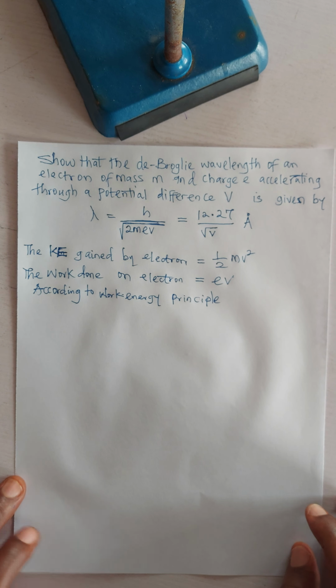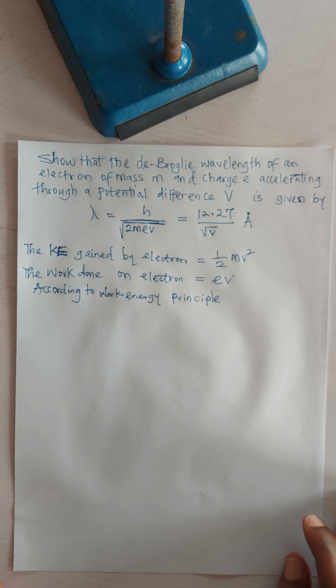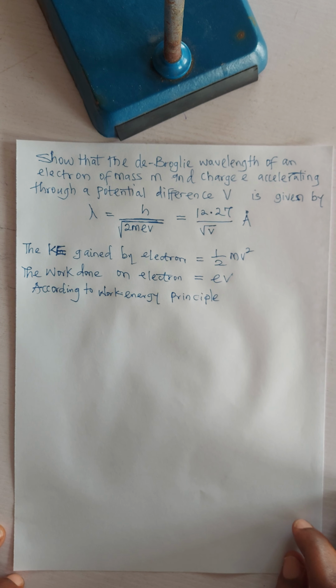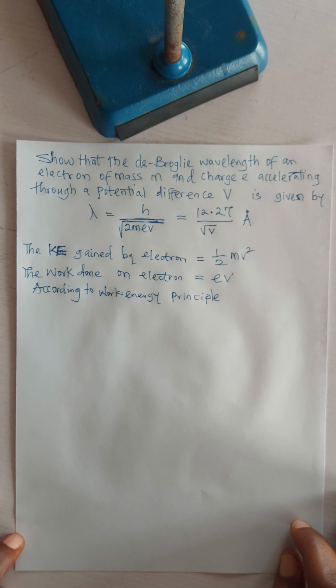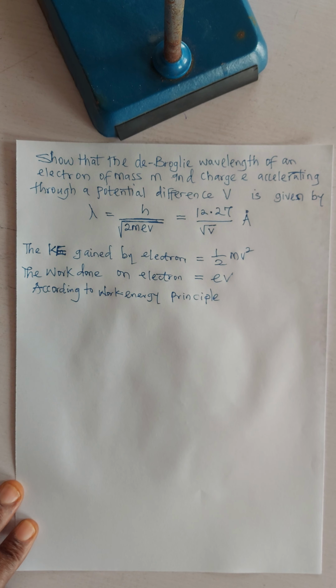it says that energy is equal to work. That implies that the kinetic energy gained by the electron will be equal to the work done on the electron. So I will equate these two expressions.